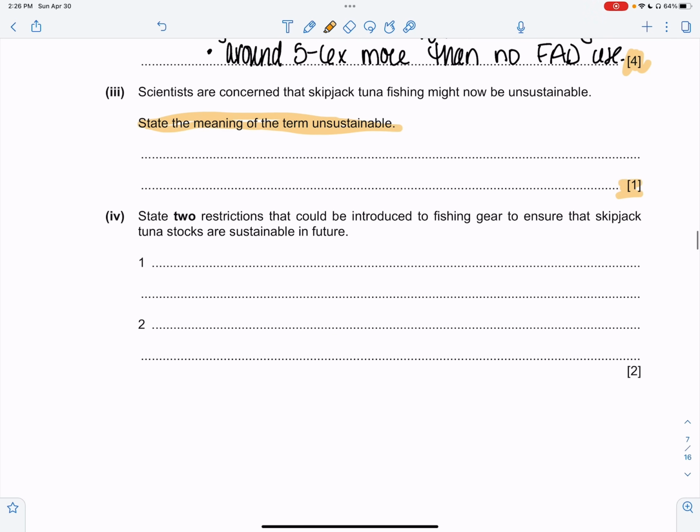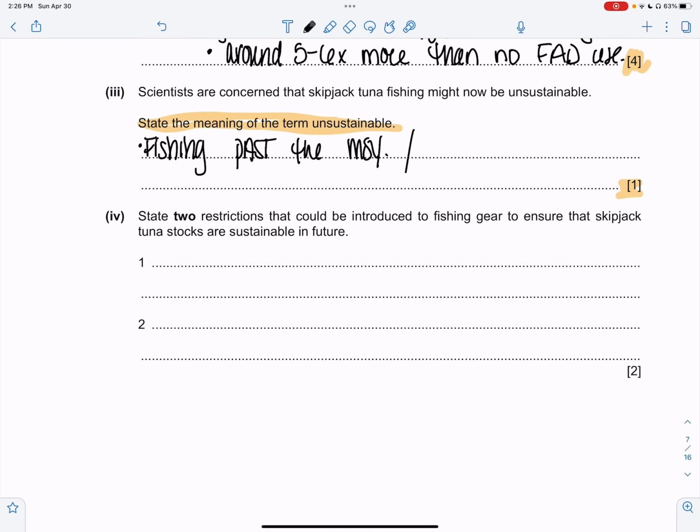So this is also a definition from that section. This is fishing past the maximum sustainable yield. So the amount of fish that could be caught that will still allow populations to be maintained for the future. Or something to describe that.